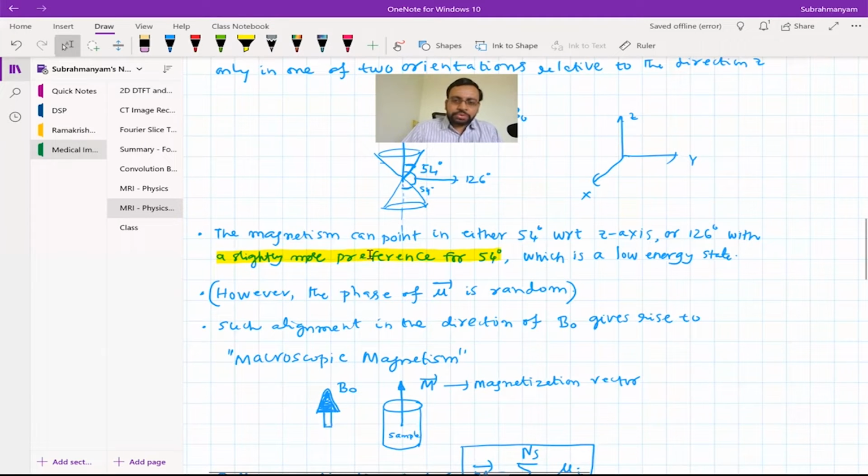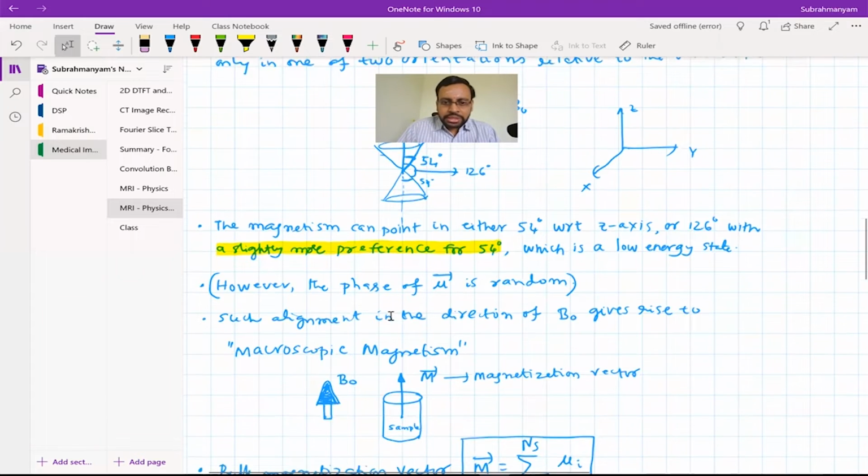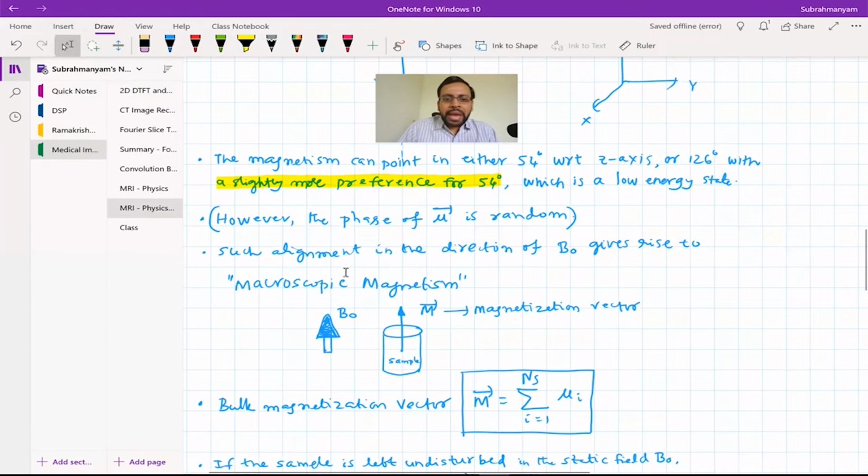And if you put together the effect of all of them, then there is also a macroscopic magnetism. How do you get that now? This is a bulk magnetization vector M bar. As we discussed, there is slightly more bias towards the parallel state, which is also a low energy state. That working we have done in the previous class.